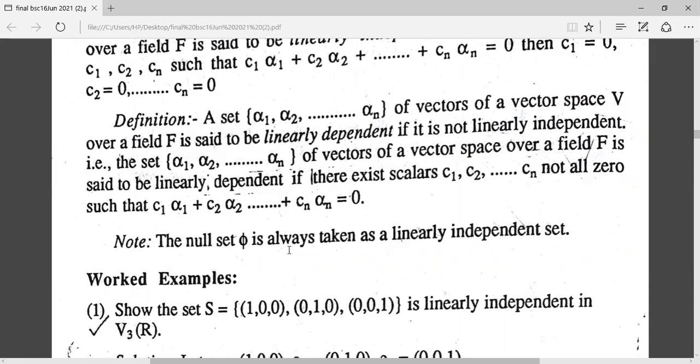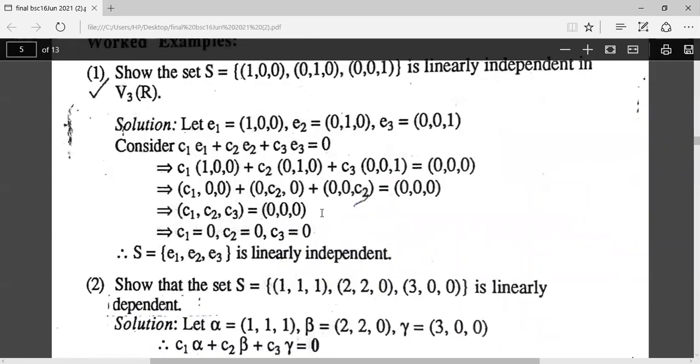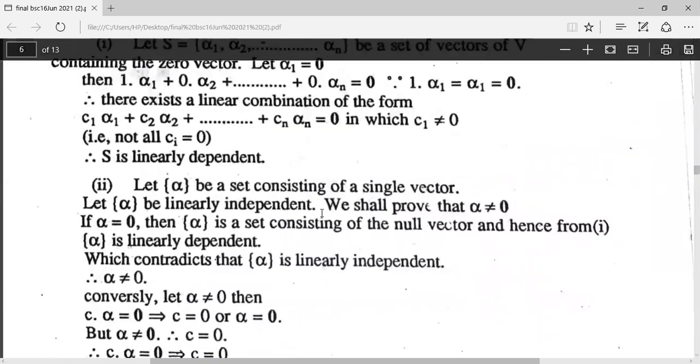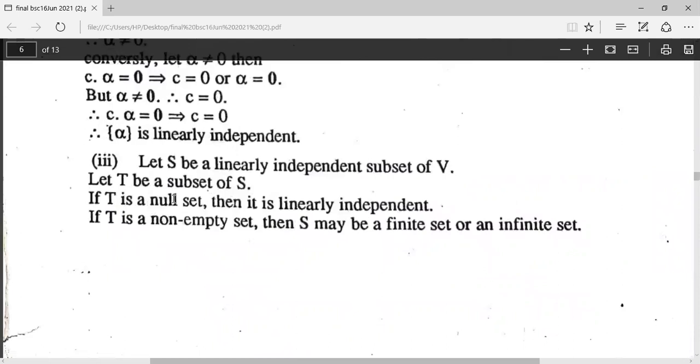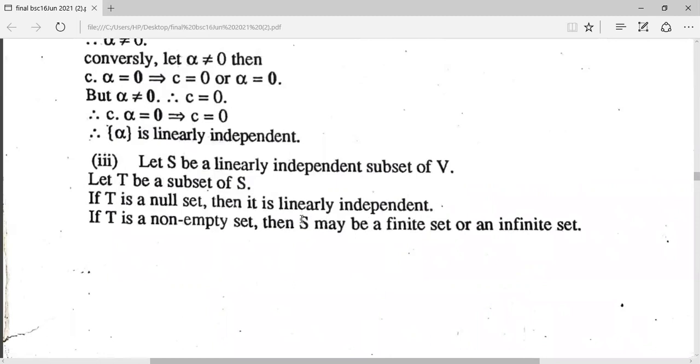Any null set is always a linearly independent set. This is for the sake of convenience that it is being accepted. So obviously, if T is a null set, then it is linearly independent according to that note.